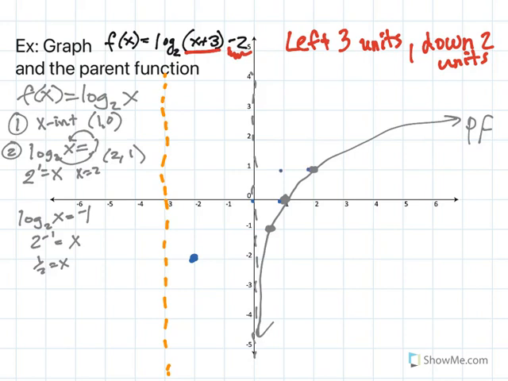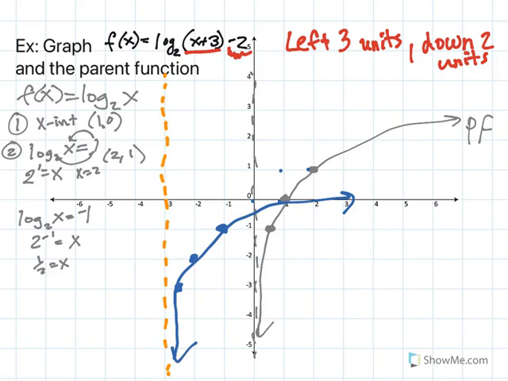I go left 3, 1, 2, 3, down 2. And that new point is -1, -1. And then I have the point 1/2, -1. If I go left 3, 1, 2, 3, down 2, I'm now at -2.5, -3. And that is where my new graph is.